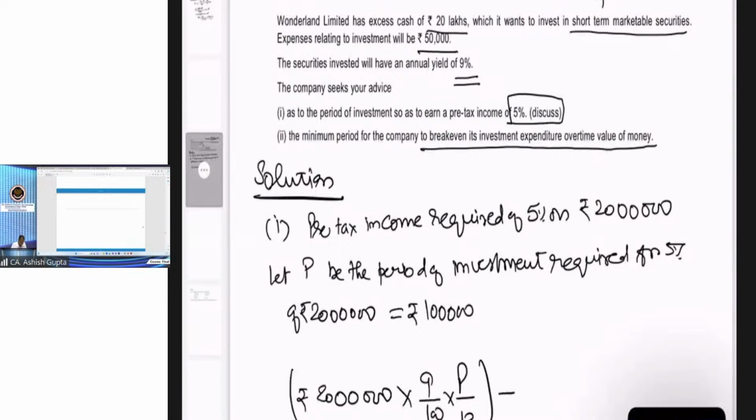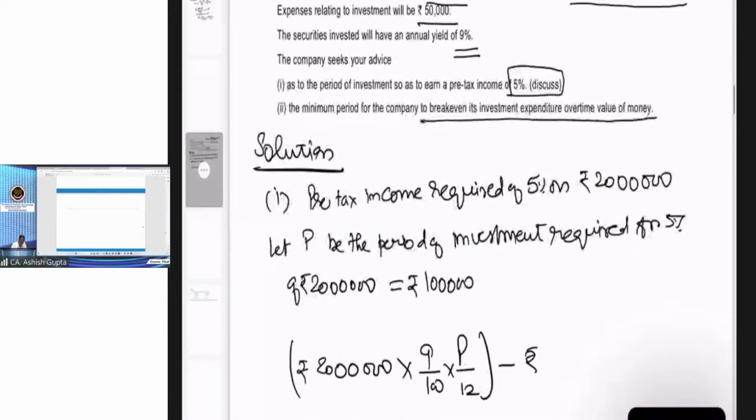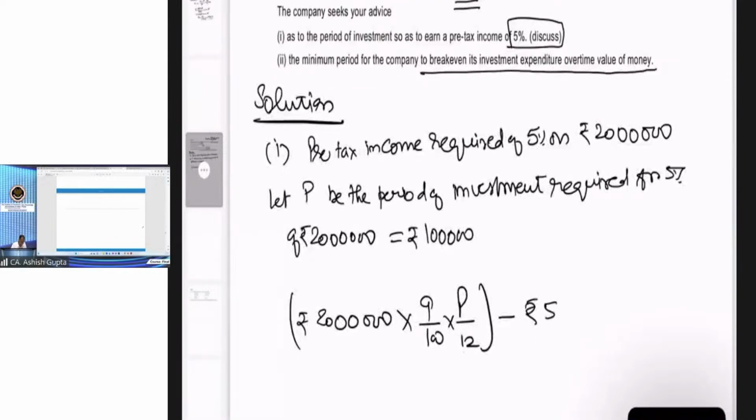Minus, how much expenditure is there? 50,000. Okay, so my required income is rupees 1 lakh.